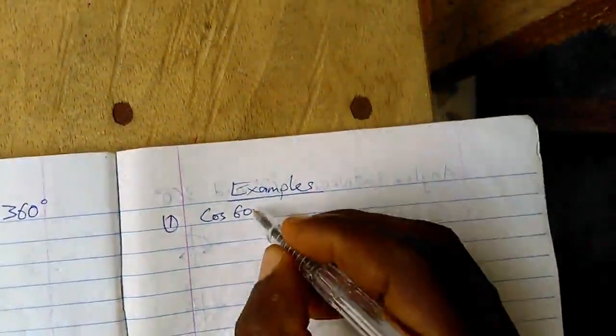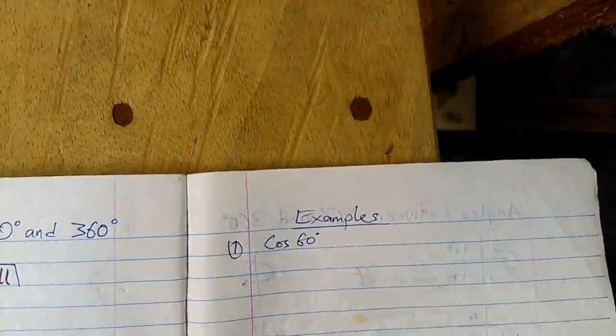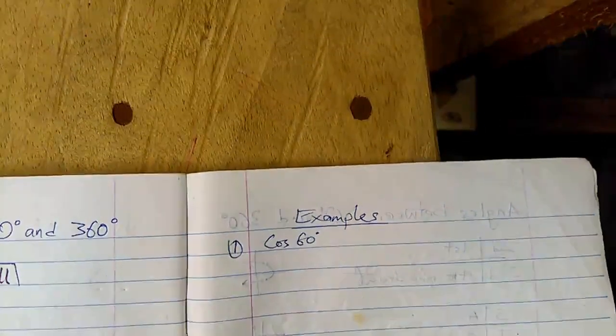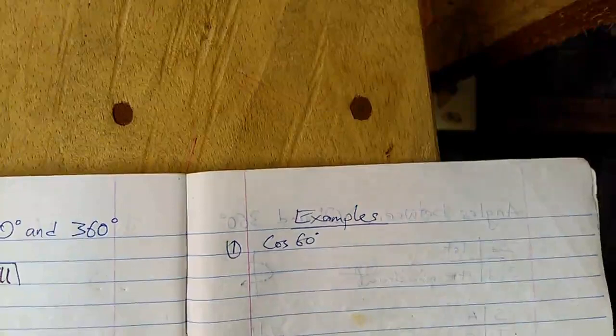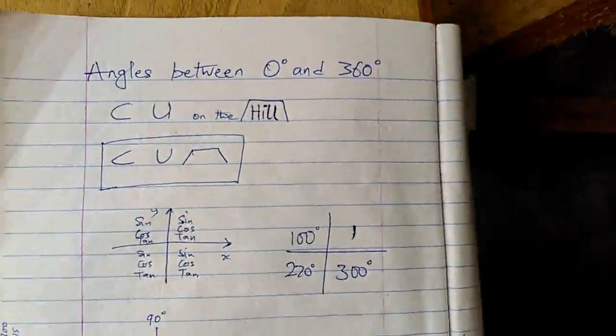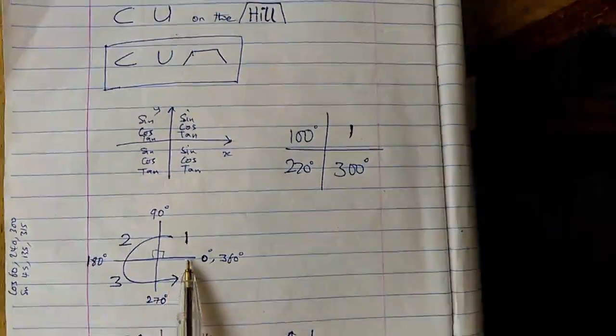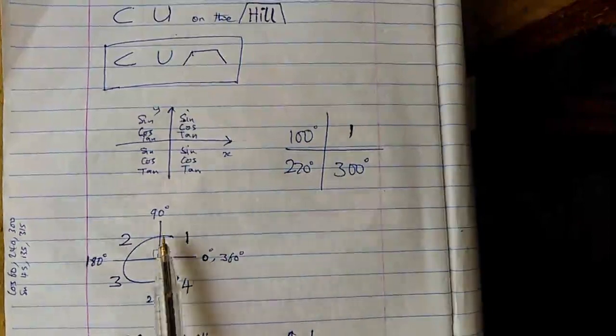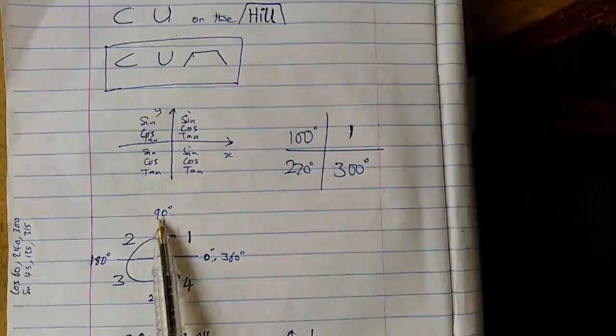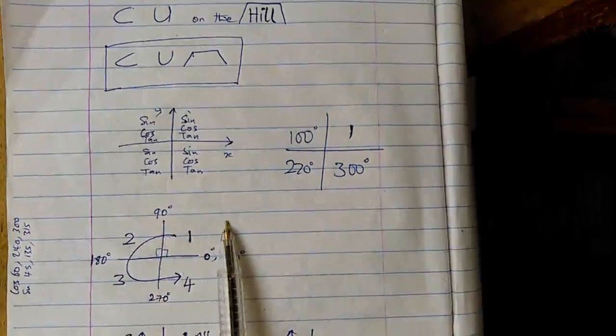Now 60 is an angle between 0 and 360. If you look at the quadrants, where do you have 60? 60 will be between 0 and 90. So we are dealing with the first quadrant here.